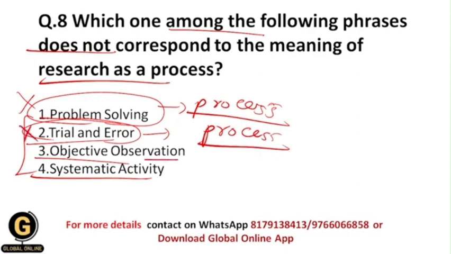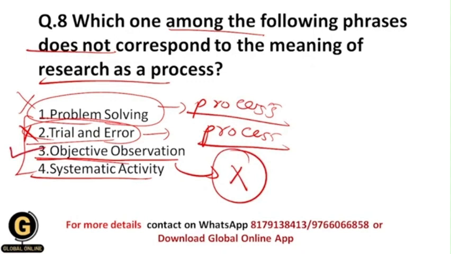Now objective observation is a data collection method, in which we fairly observe the participants. Okay, and that's why this is not a process, this is a data collection method, and that's why this is the correct answer to this question, because it does not correspond to the meaning of research as a process.